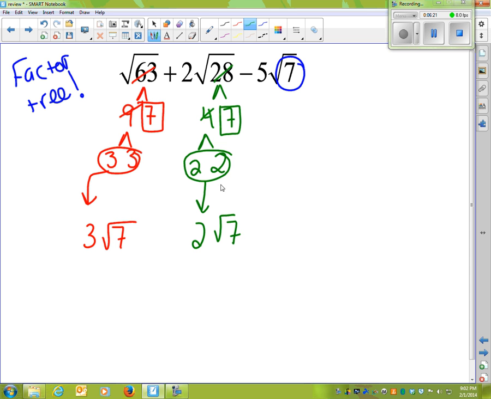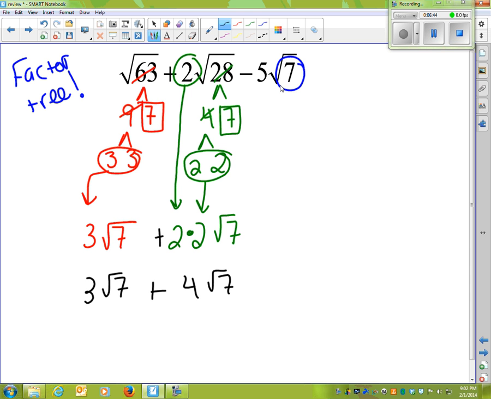The problem originally started with a 2 on the outside, so I need to bring it down to the next step. And anything together within a term on the outside, I'm going to multiply. So this becomes 3 radical 7 plus 4 radical 7. Bring down the original minus 5 radical 7.